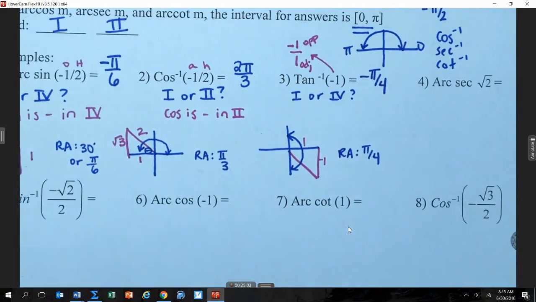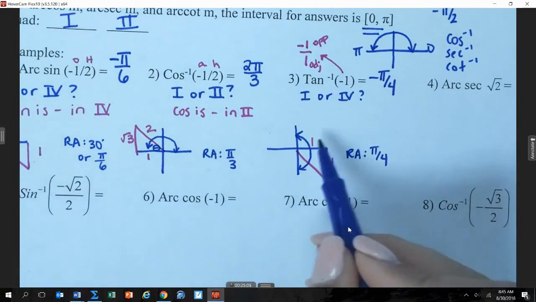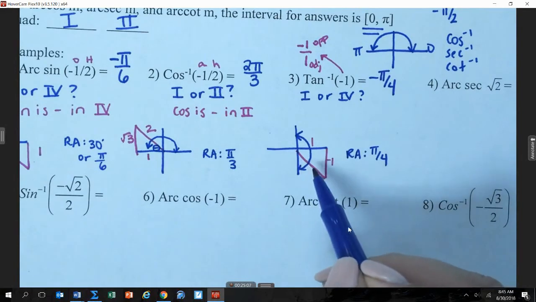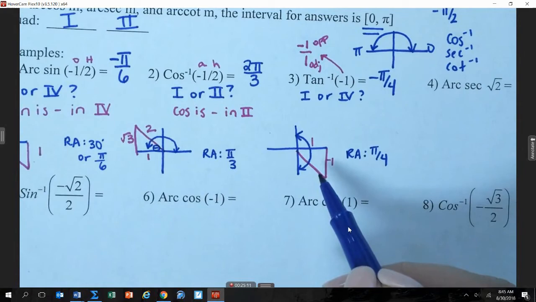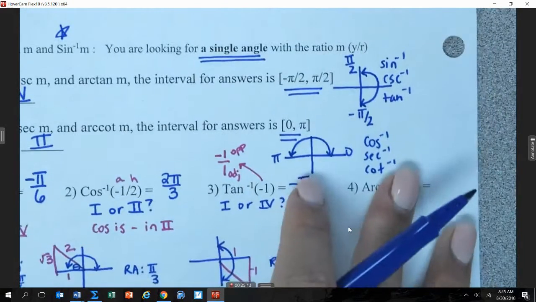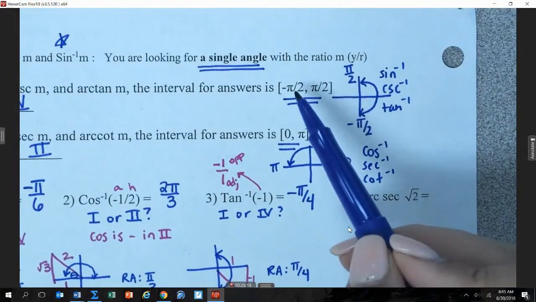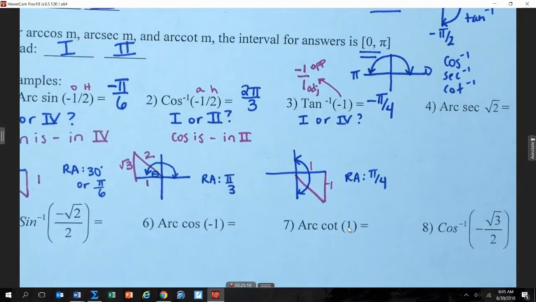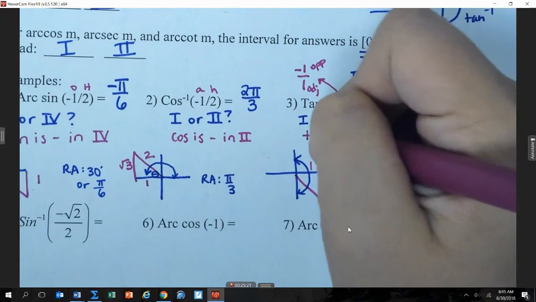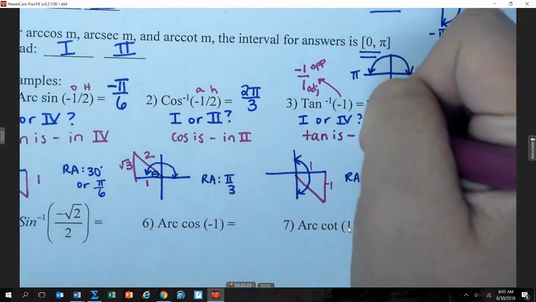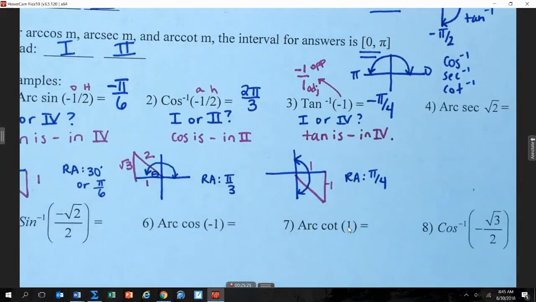Negative pi over 4 is your answer. If you put 7 pi over 4, it is true that 7 pi over 4 has that terminal side in the fourth quadrant. However, it's not in the interval from negative pi over 2 to pi over 2. I need answers in that interval. I forgot to write in here that tangent is negative in 4. That's why we chose 4.